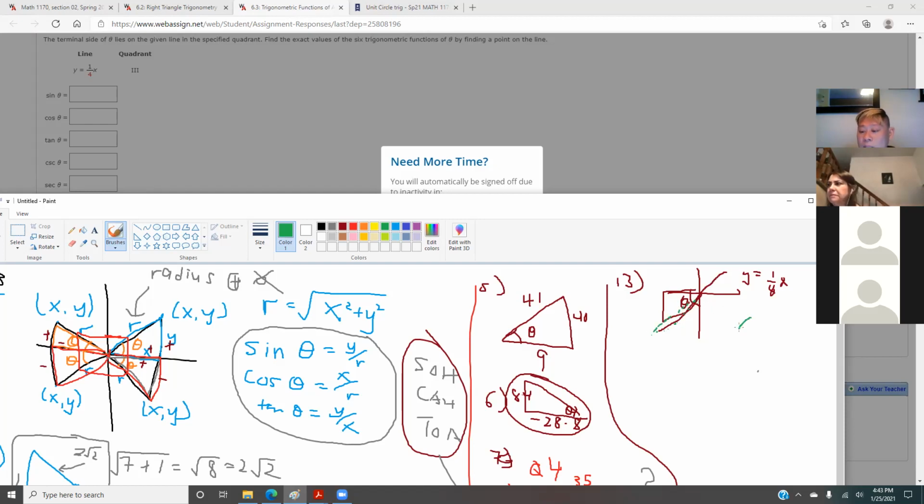So now, can someone tell me what value we can put in for x to plug in here? Now, you cannot use 1, 2, 3, 4, 5, 6. You cannot use all these numbers because those are positive numbers. Since it's in quadrant 3, your x has to be what number?